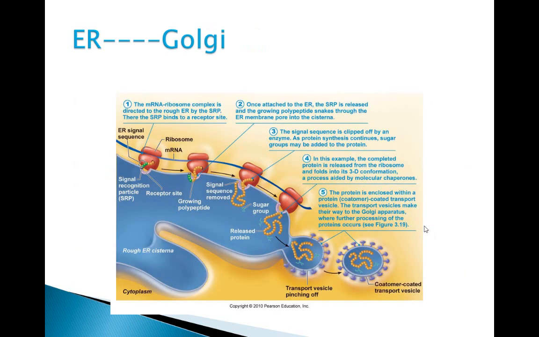And in this picture here, you can see this is the rough endoplasmic reticulum. These are the little ribosomes here, and what they're creating here, what looks like a snake or a beaded necklace, is a protein. Eventually that protein gets created, which again we'll have another lecture on how that happens, and then it gets packaged up in these little vesicles, which then move over to the Golgi apparatus.